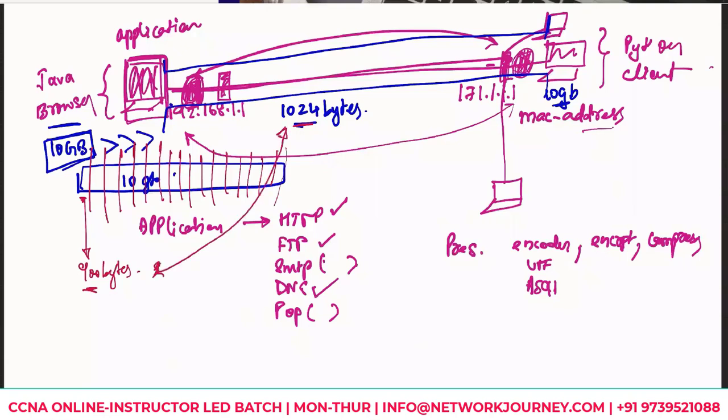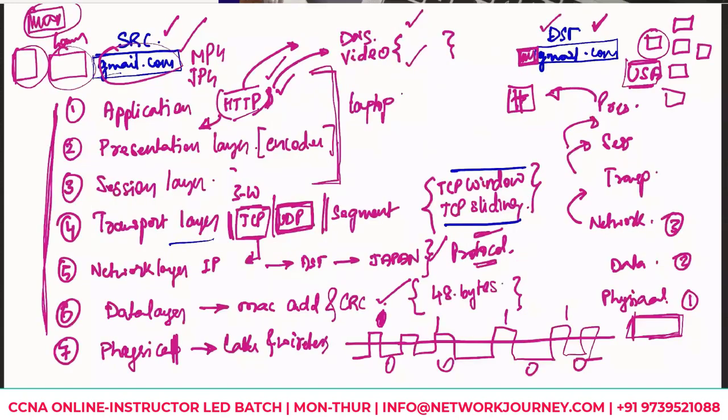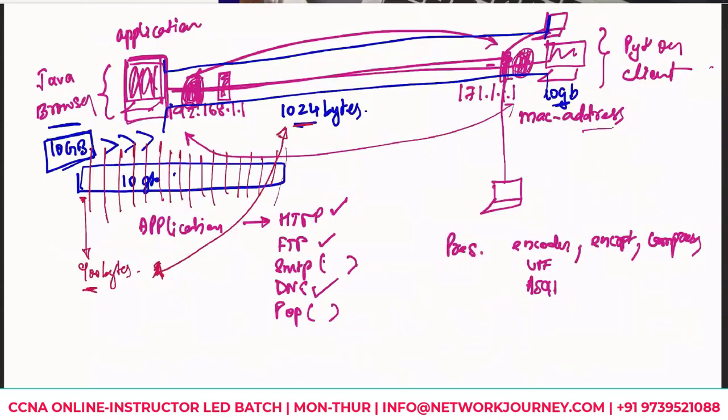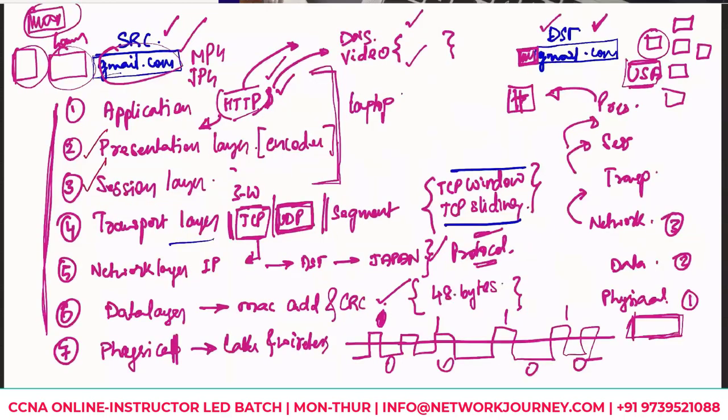Some more data, but you can't do that because the headers get added at every layer. When you're sending it from one layer to another, some bytes of header keep getting added. So when you see the packet on these layers, your packet would look something like this. You will have data.